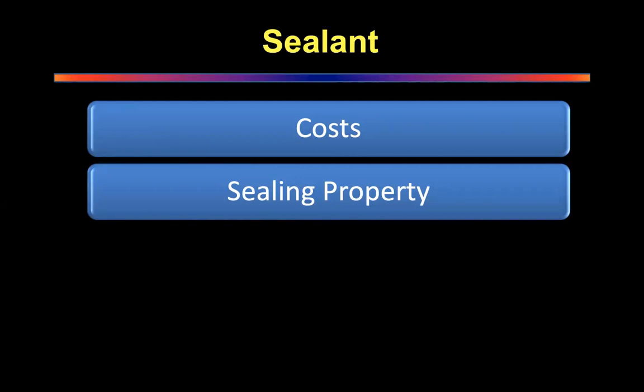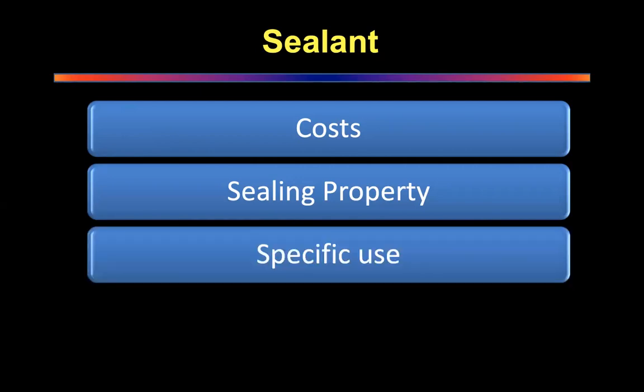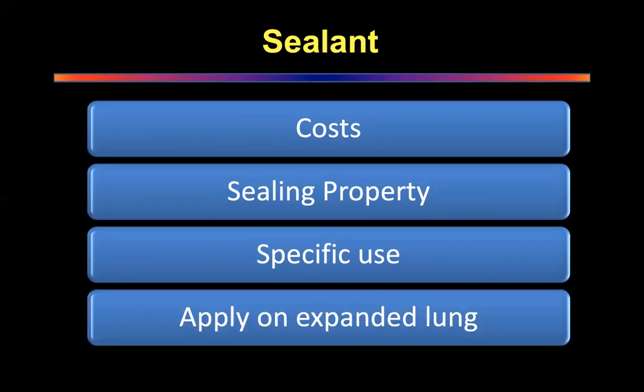Of course, you have to look at the sealing property of the product. You have to look at the specific use, which are the ones actually licensed for use as a pneumostat. And the important thing with sealants, just like I told you with the blood patch, I've seen this many times: young surgeons say, open the CoSeal, and then they don't expand the lung.